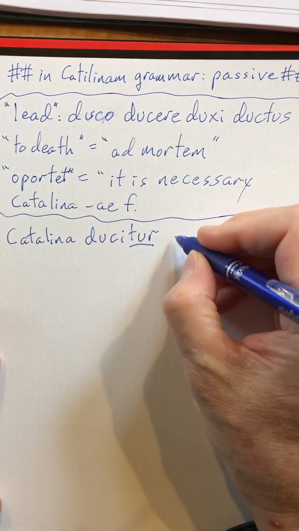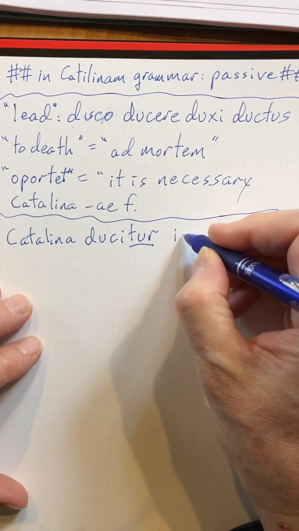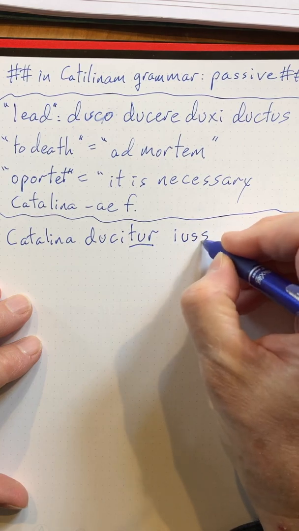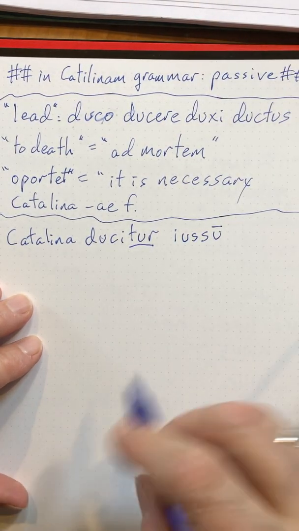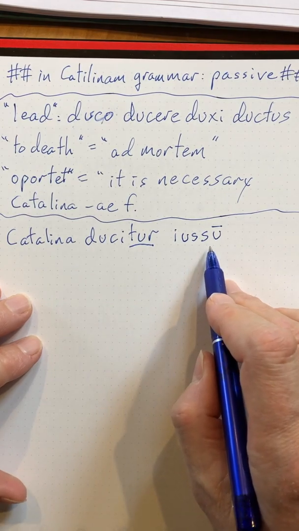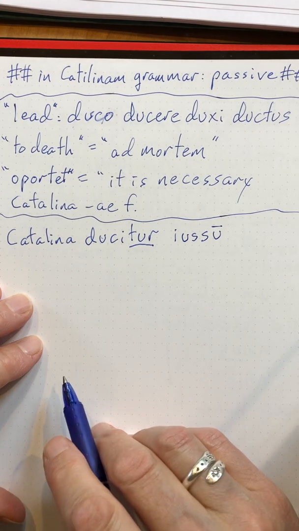Now, we can go a little further here. Let's make this a more complicated sentence. Who's doing the leading? Well, it's the order. Iussu. By order of the consul. So the ablative is really the agent or the method by which the action is getting done.